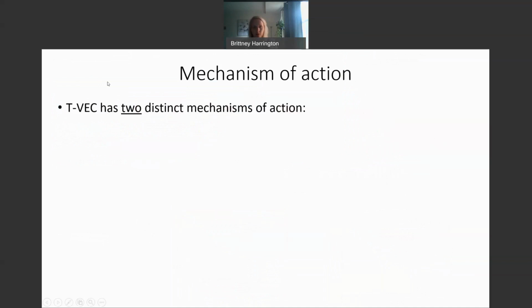So how TVEC works, and I'm only going to go over this briefly because I know Dave covers it. Basically, the lytic function of HSV is to release the virus particles. HSV causes cell lysis, so the tumor cells that are infected with the virus get destroyed.